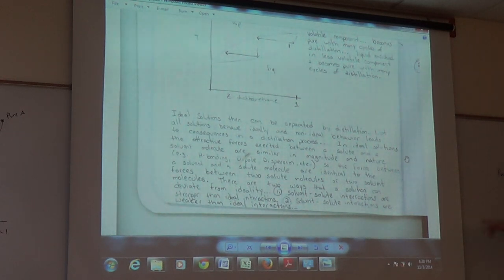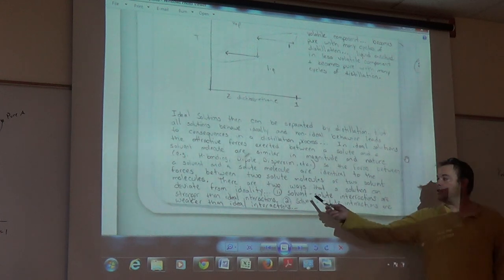Okay, so I'll say this while I'm on this page. There's two ways that you can think of a system as deviating from ideality. We said ideally the interactions are all equal in magnitude and nature, but in the unideal scenario, those forces are not equal, and they can be one of two different situations.